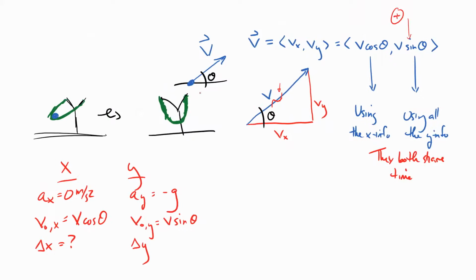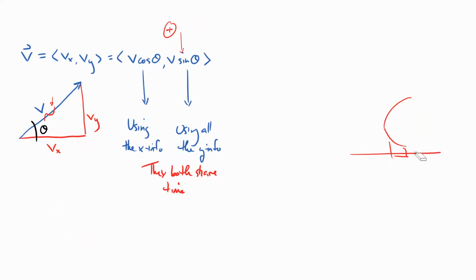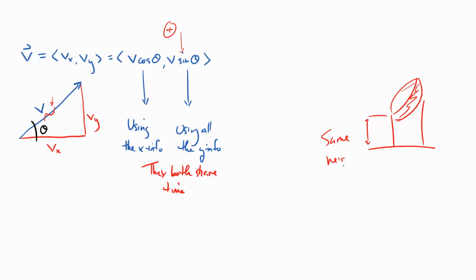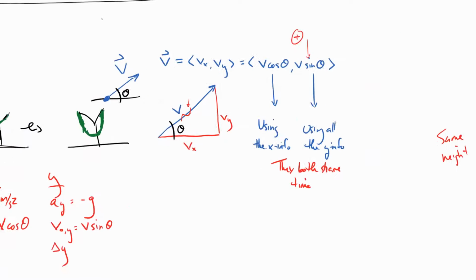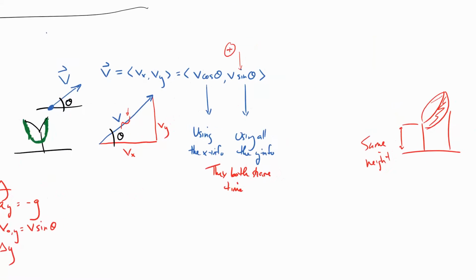That's not really accurate, so maybe the basket is up here, just kind of supported. So this is at the same height as the slingshot was, right? That totally looks believable.